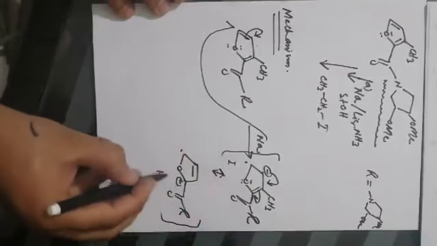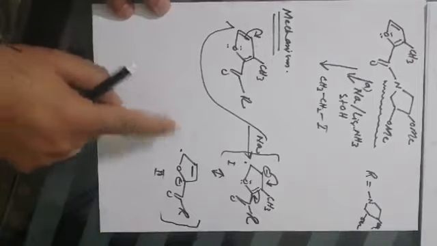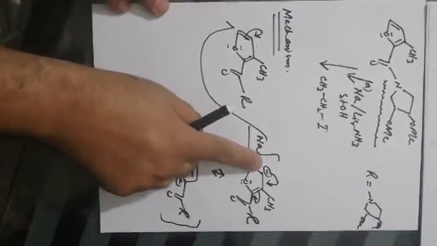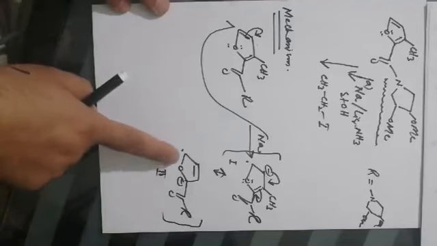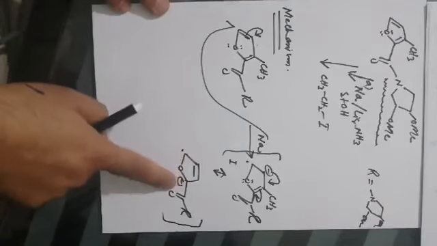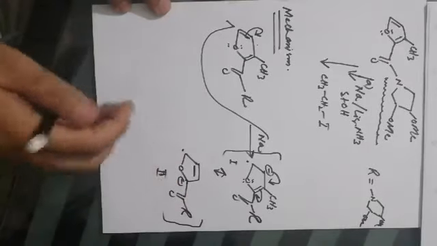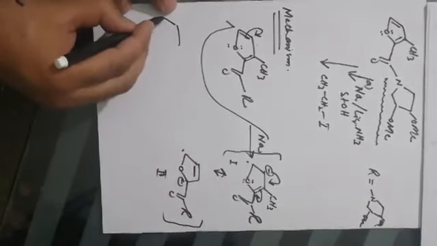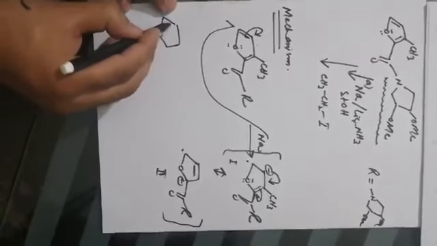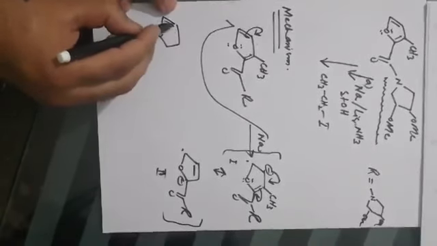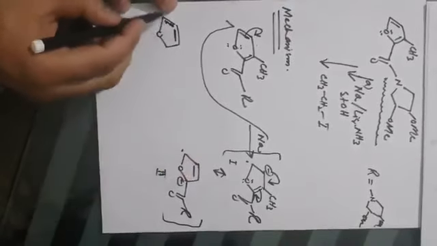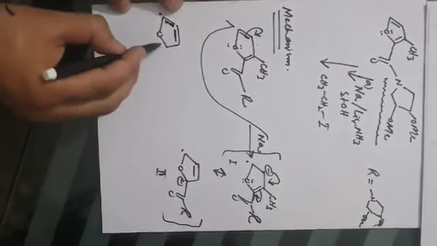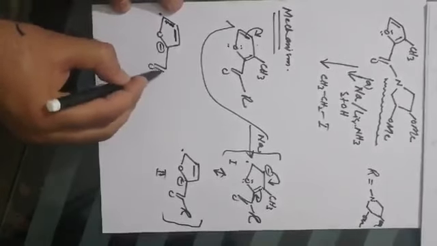This is 1 and this is 2. Here the electron and negative charge are quite close to each other, and here they are quite far from each other. So this is more stable. Oh, sorry, here the bond is here, the single electron is here, and the negative charge is here.